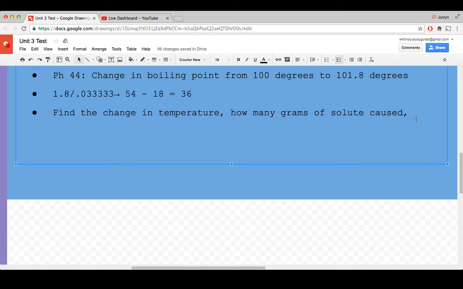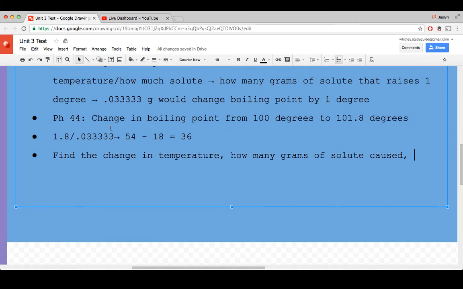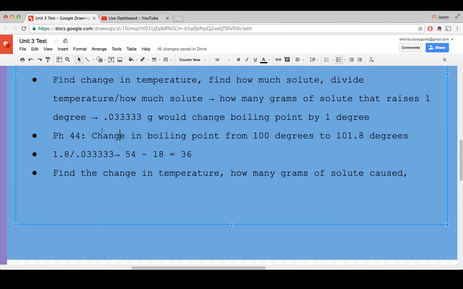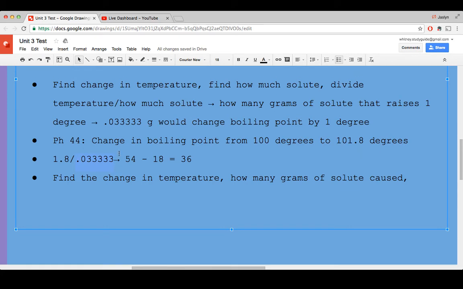So then you get a unit rate, which is, for the example of pH 44, you know that the change is 1.8. And you know that to raise it 1 degree, you need this many grams.